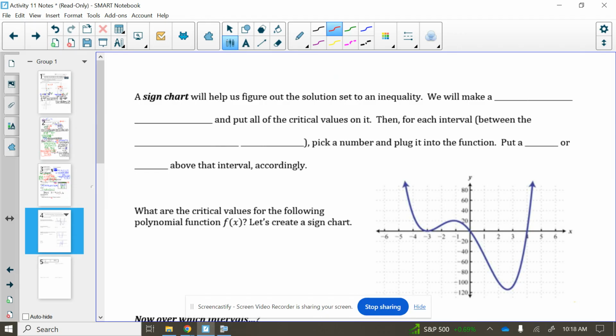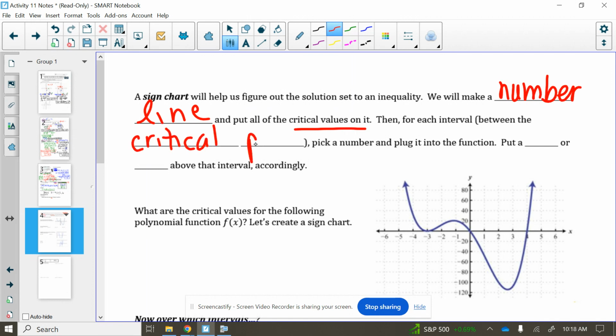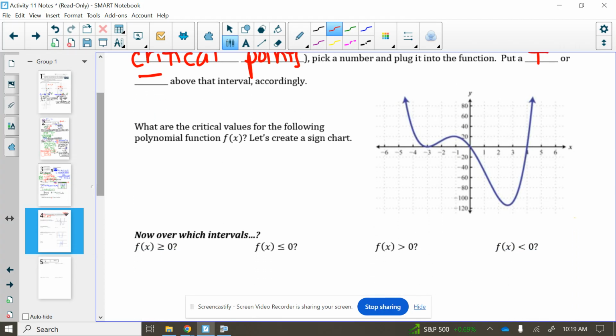So what we do with the sign chart is we make a number line, and we put all of those critical values on it, again, this time the zeros, and then for each interval between those critical points, we pick a number and plug it into the function, and then we're either going to put a plus or a minus over that interval accordingly to talk about where this is above the x-axis versus where it is below the x-axis.